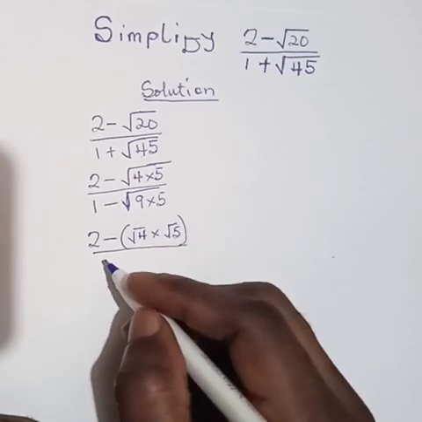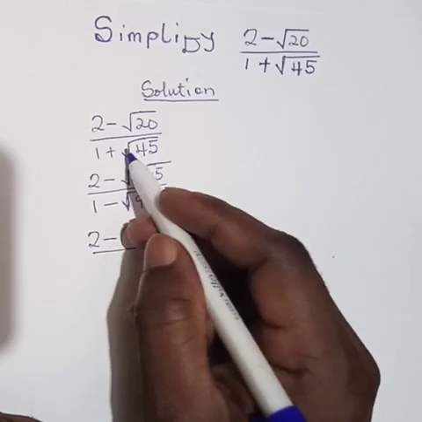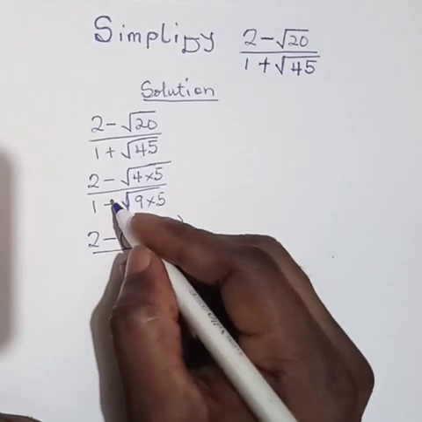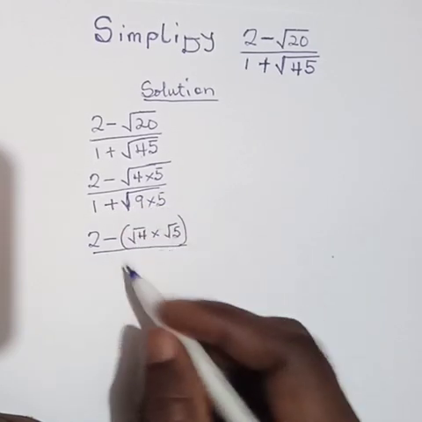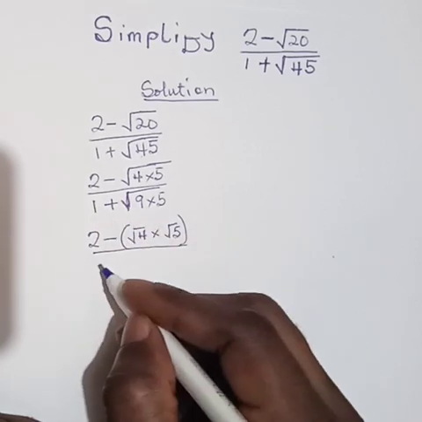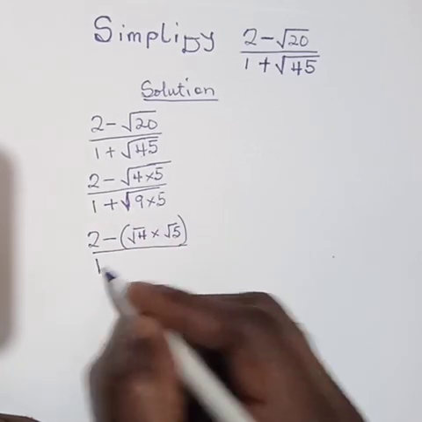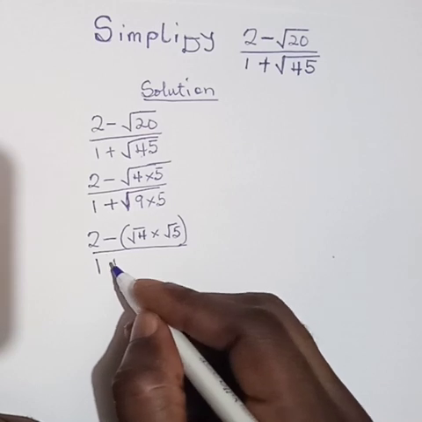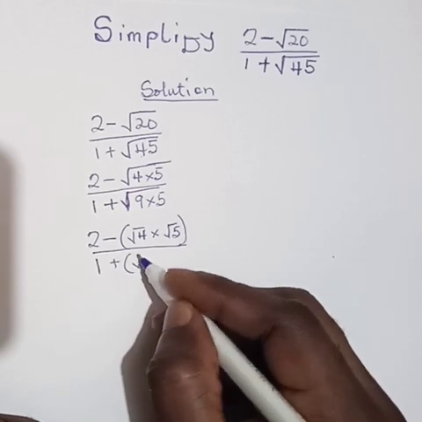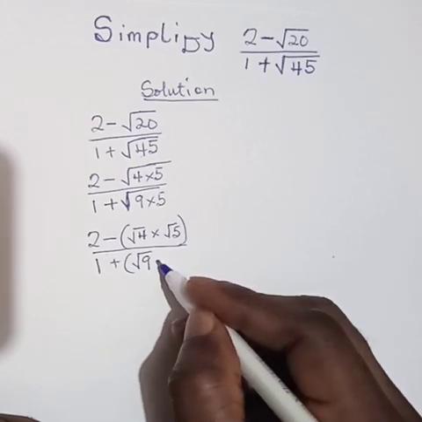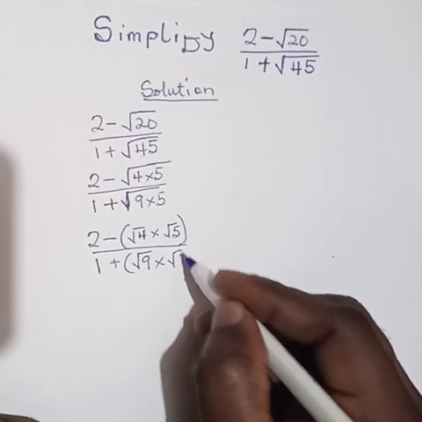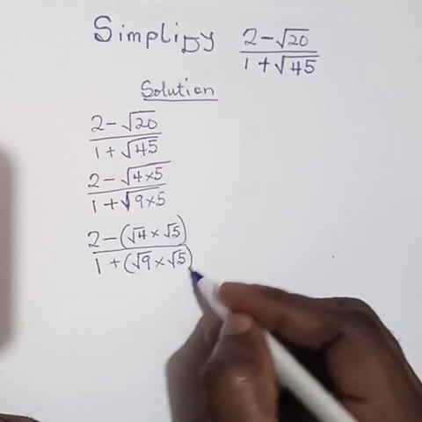I will do the same here. Let me make corrections here. Here is supposed to be plus, so here is plus. Sorry for this mistake. So I'll maintain my 1, then plus, then I'll do the same here. This is square root of 9 times square root of 5.